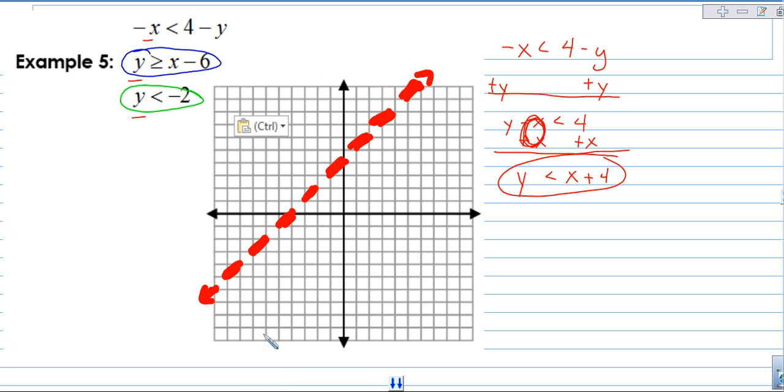So for my blue line, my slope is also 1, or 1 over 1, and b is my negative 6. So I'm going to go down 1, 2, 3, 4, 5, 6, make a dot, and then I'm going to go up 1 over 1, like this.